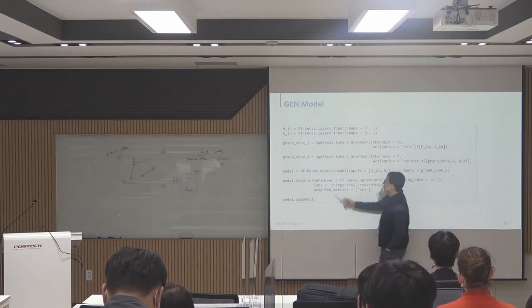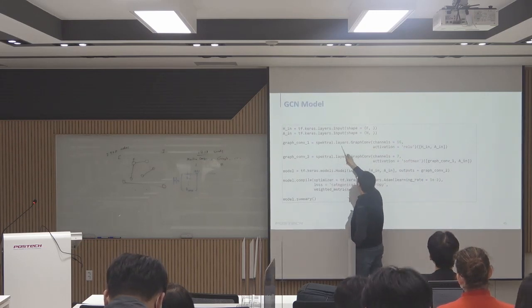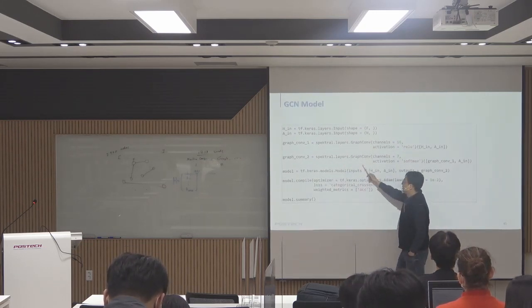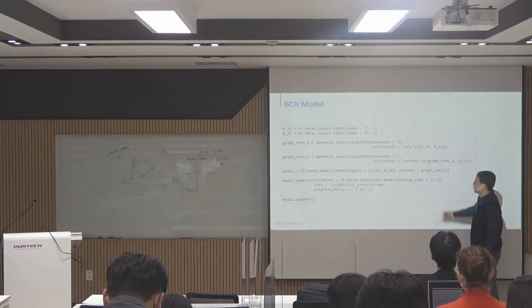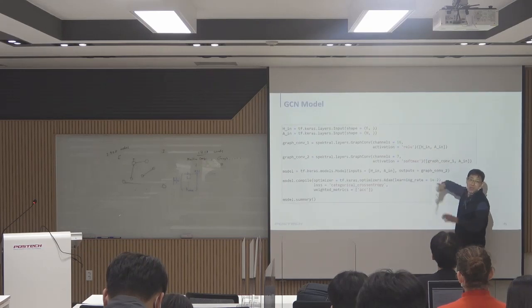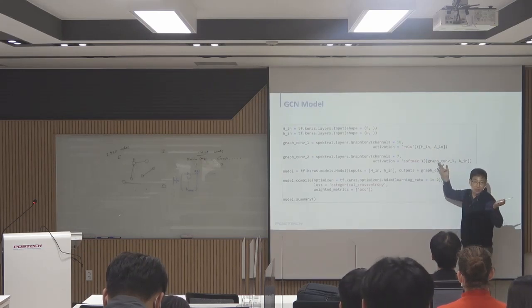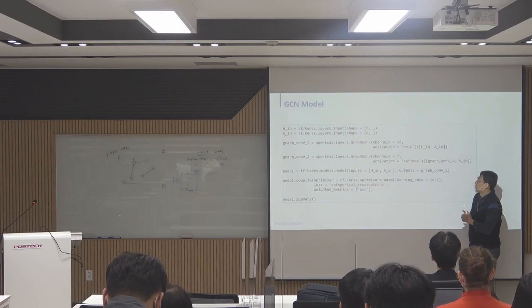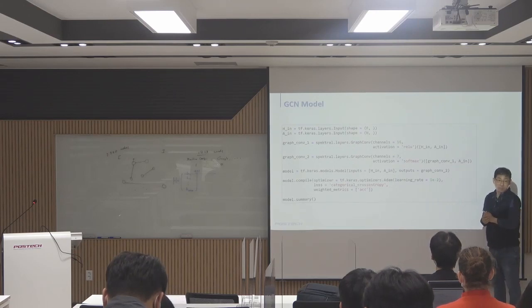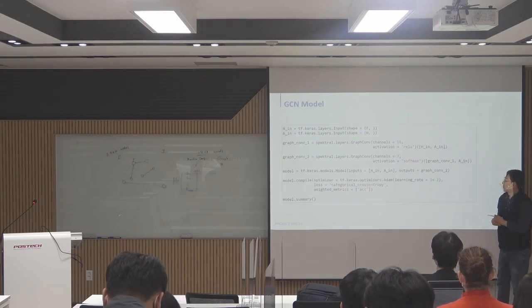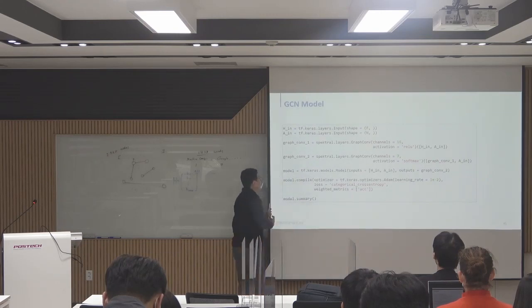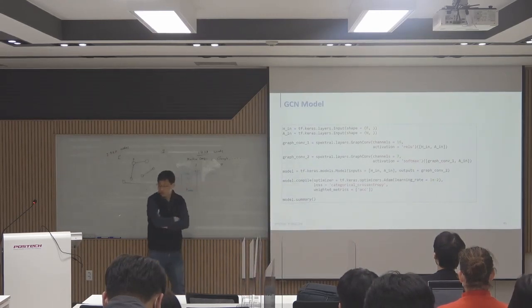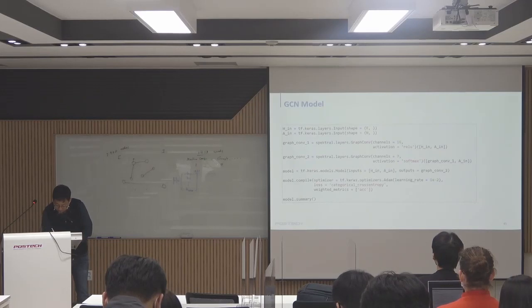The only difference is that you use Spektral layers and GraphConv. That's the only thing that you need. Don't worry about what's inside.